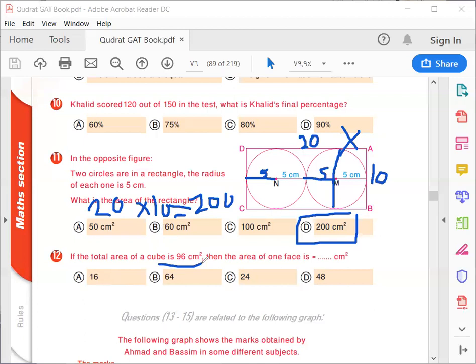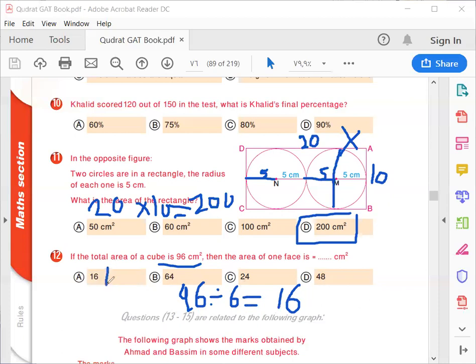I have 6 faces, right? So I can only write division, 96 divided by 6, then you count the area of one face. It is 16, right? 16, which is the area of one face.